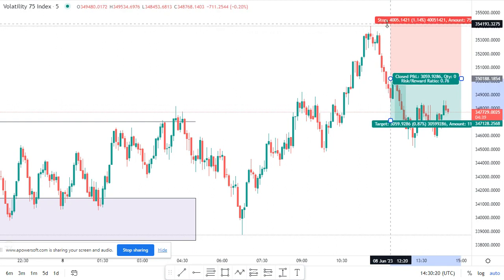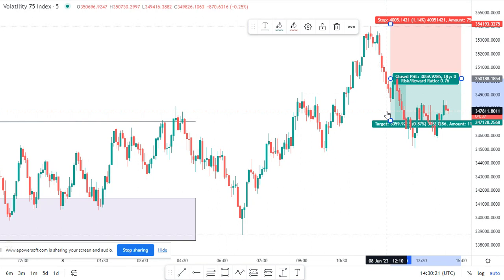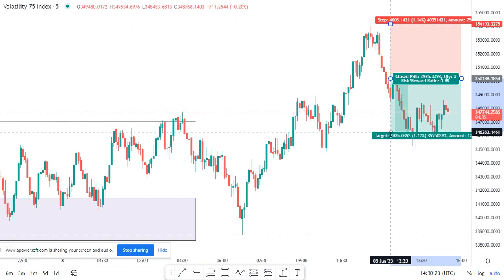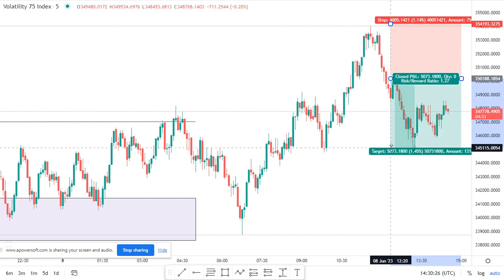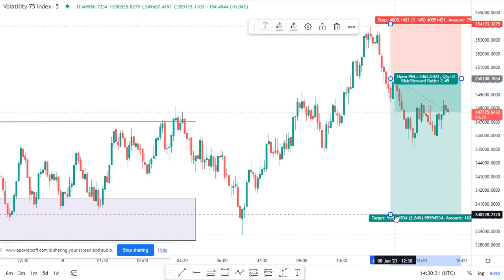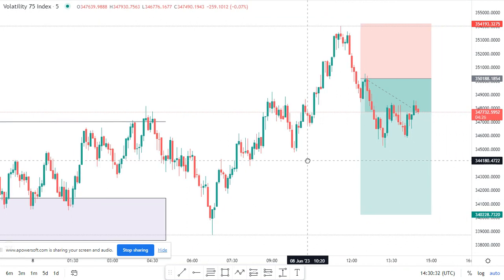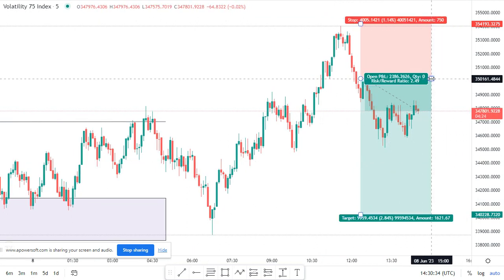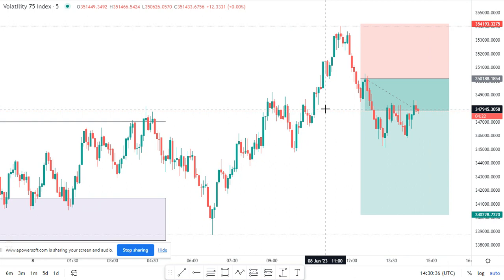Limit order, stop loss above the displacement high. Target this low: first target, second target. That's it, guys. See you next video.